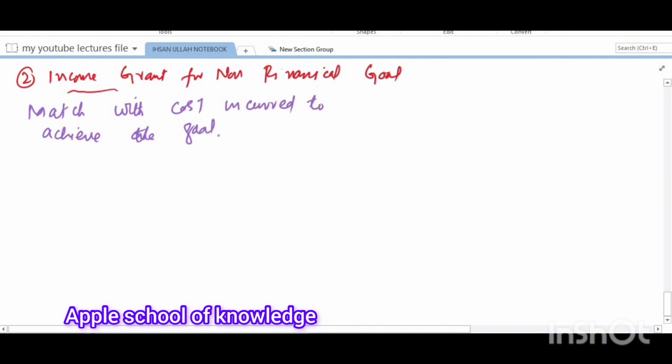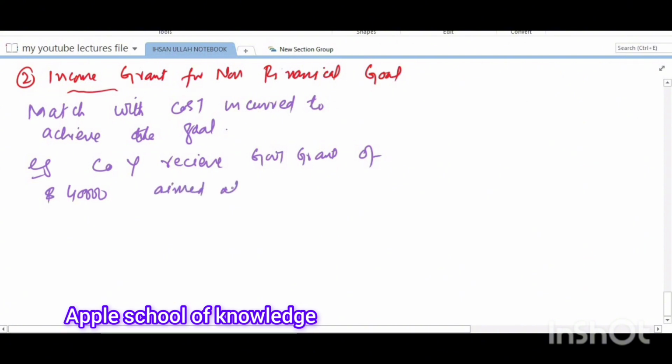For example, this time we have a company Y, and this company Y receives a government grant of, let's say, 40,000, and this grant aims at promoting job creation.